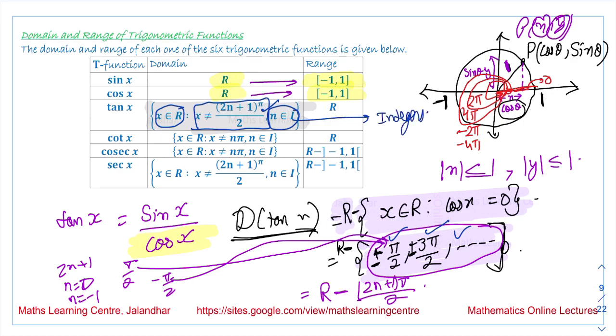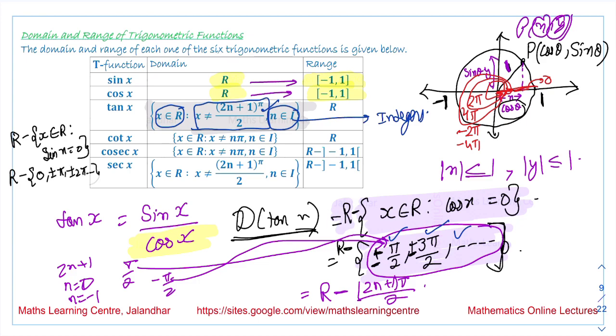Similarly, when we are talking about cot x, the domain of cot x will be all real numbers except for those numbers x belonging to R for which sin x is equal to 0. And sin x is 0 at the points 0, plus minus pi, plus minus 2 pi.